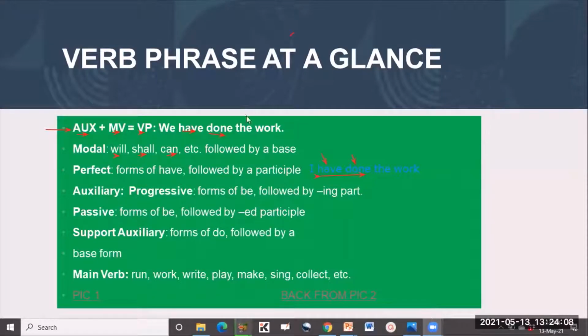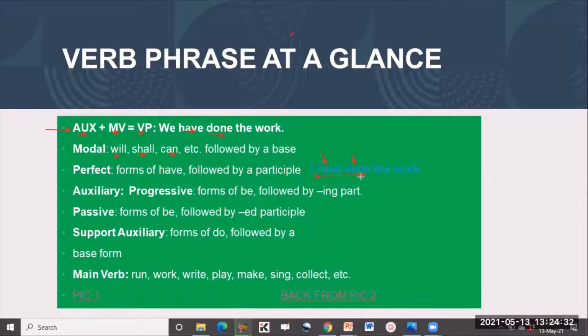So here we can see exactly that a combination of the auxiliary verb and the main verb will give you a verb phrase, and without the verb phrase, the sentence is incomplete.